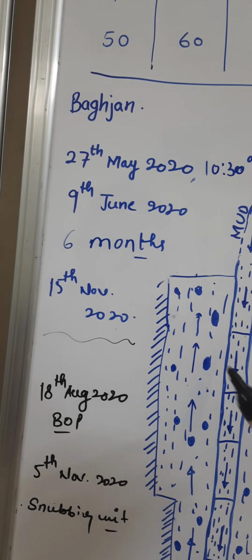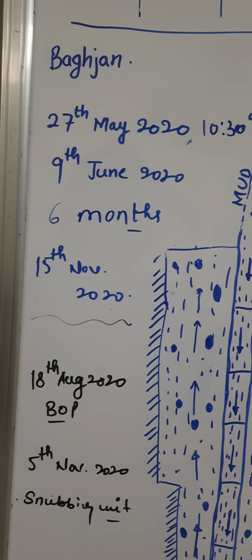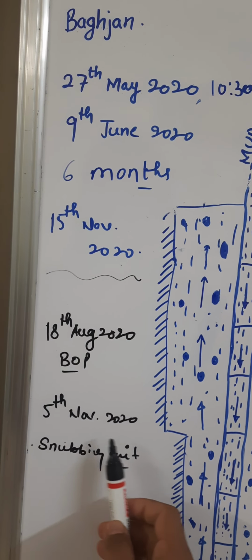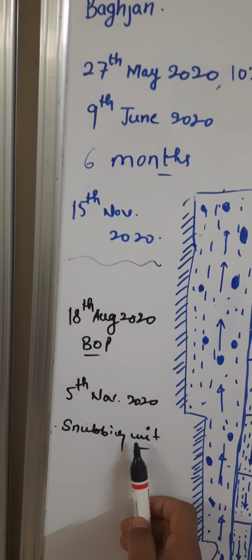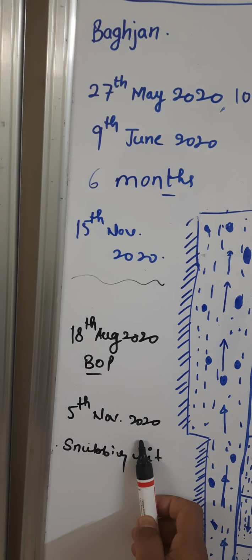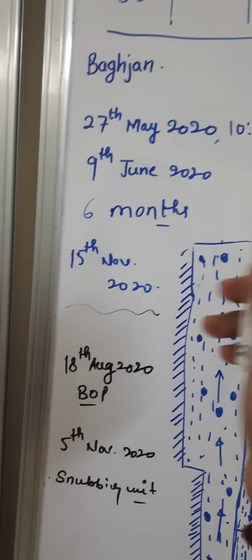Actually, not we, but some people came from Canada. On 5th November, we brought in a unit called a snubbing unit by air, and with the help of this unit, we controlled this well on 15th November after 6 months.